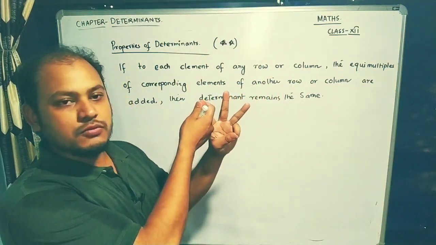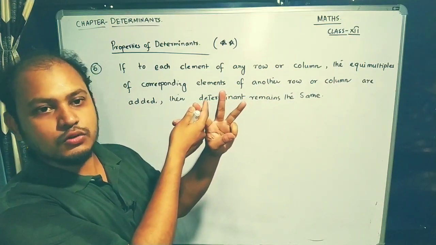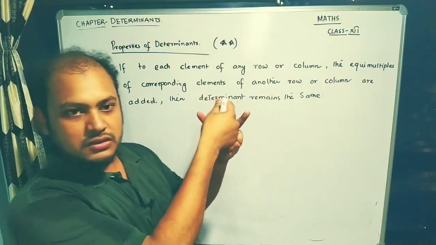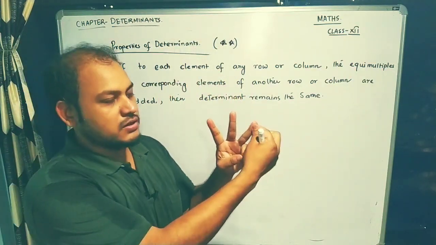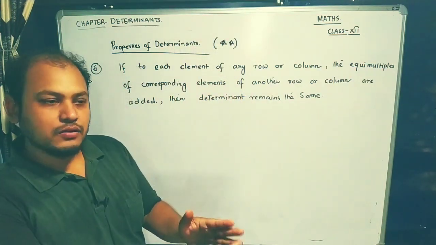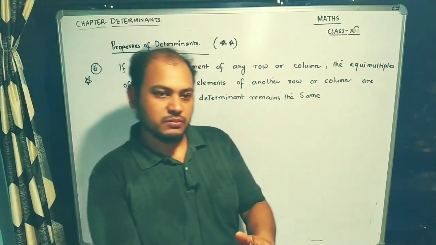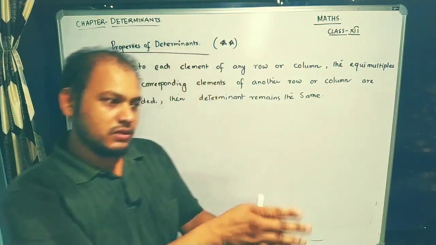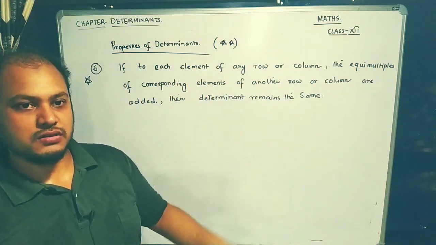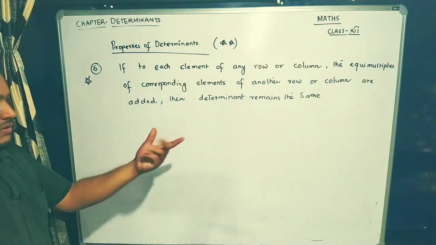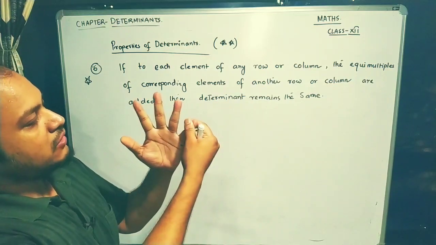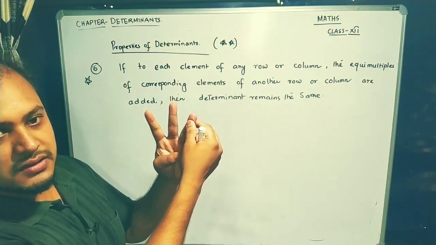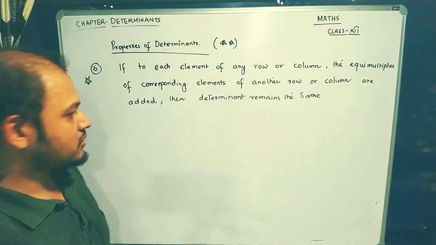The first operation was to interchange any two rows or any two columns. The second operation was to magnify or demagnify any row or column, and the third operation was to add the contents of another row or the multiples of the contents of another row to the first row or first column. That was the third operation. So this property tells us if you perform the third operation on any matrix, then its determinant will not change.